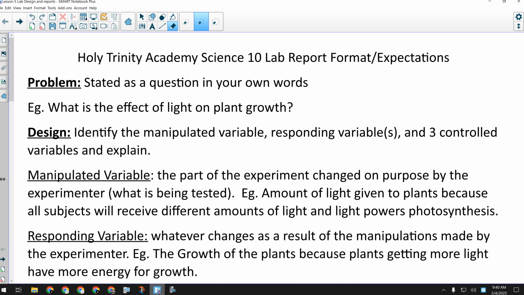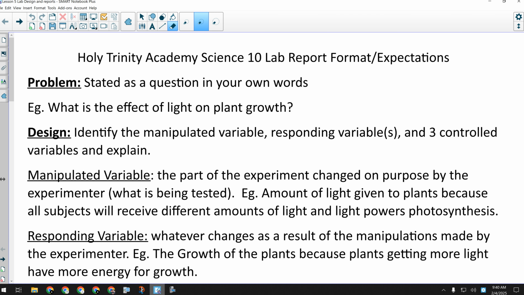In the design is where you tell me what your manipulated variable, responding variable, and controlled variables, plural, are. Just as a quick review, the manipulated variable is the thing the experimenter is changing in order to see what its effect would be. The responding variable is the thing the experimenter is watching, measuring. It could be more than one thing.